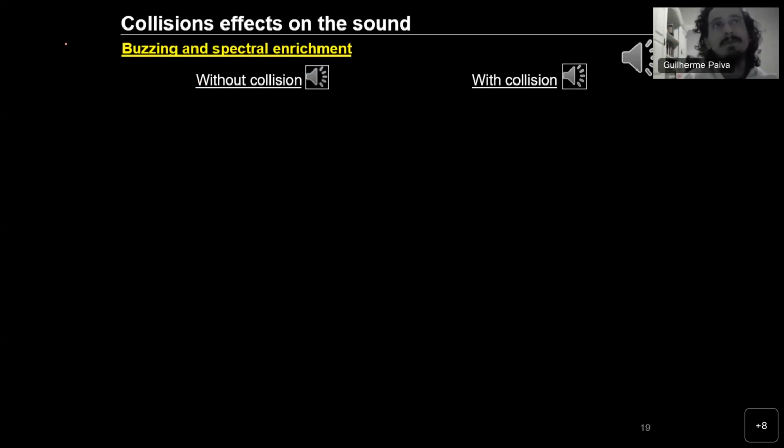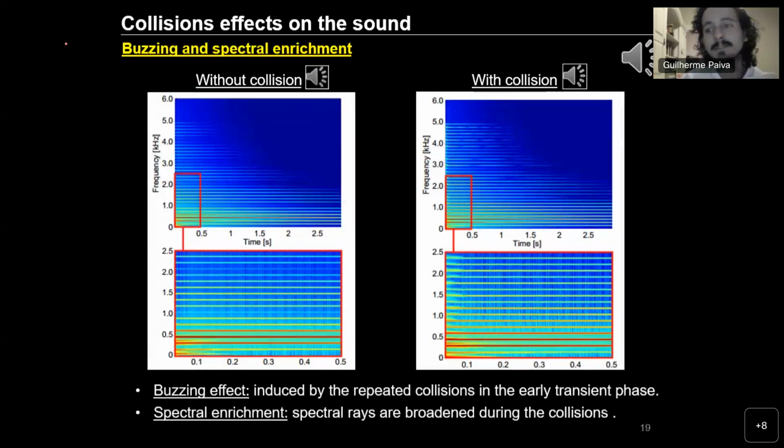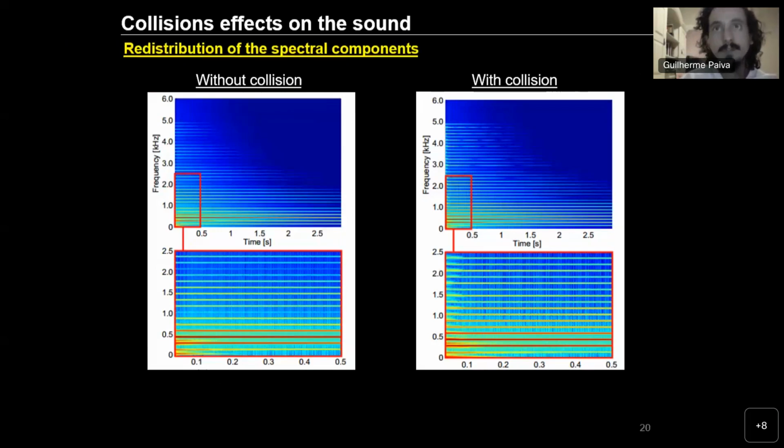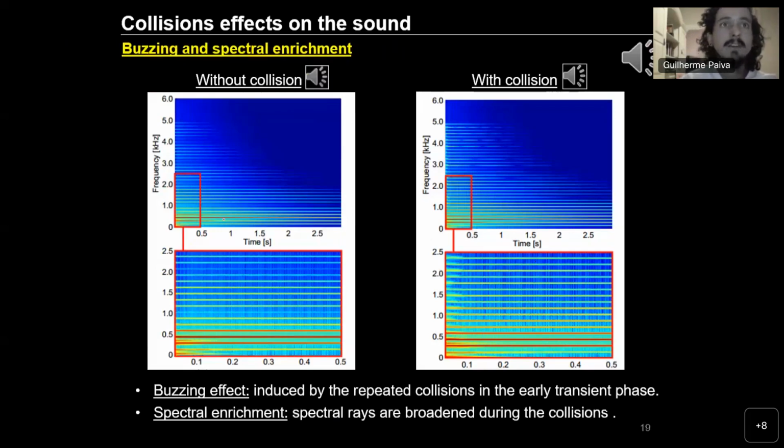Okay, so we obtained the respective spectrograms. By comparing the two sounds, I could perceive a buzzing sound just at the beginning, okay? So we call it the buzzing effect, which is induced by the repeated collisions in the early transient phase.